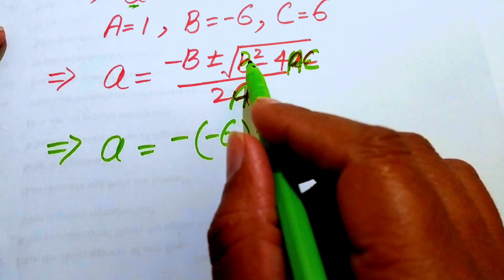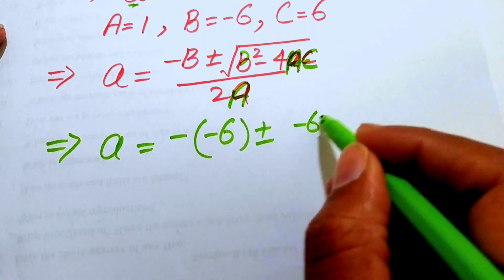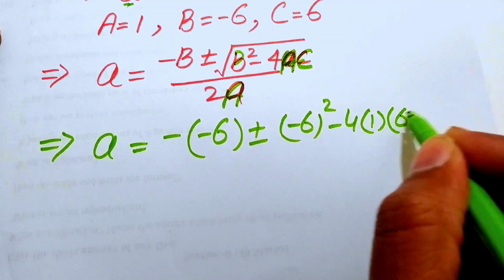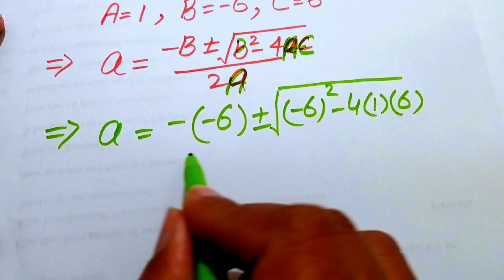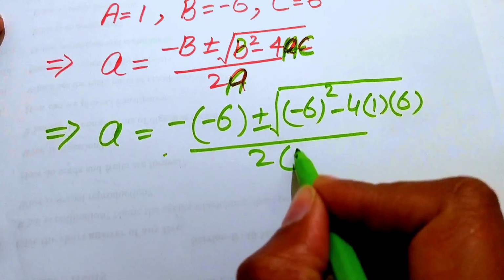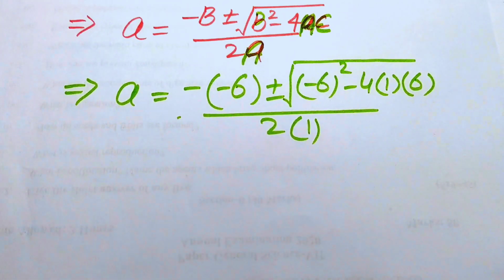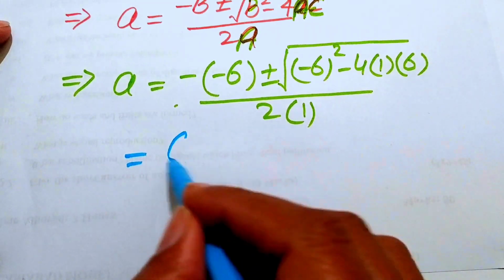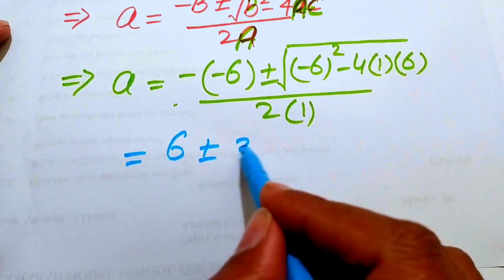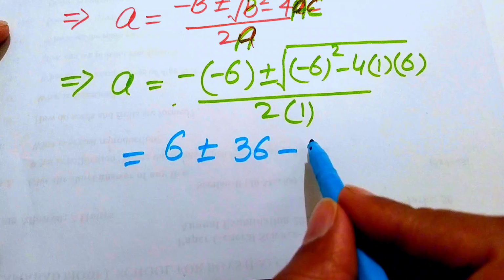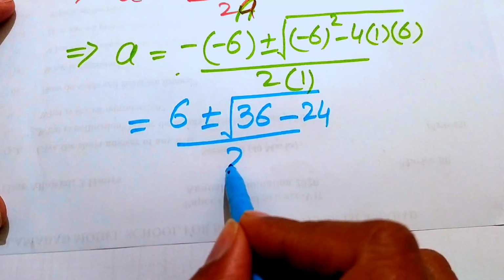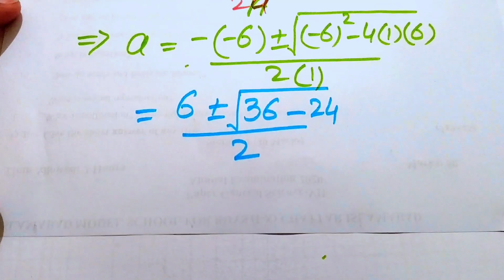The value of capital B is minus 6, and it becomes minus of minus 6 plus minus square root of minus 6 square minus 4 times 1 times 6, divided by 2 times 1. Now we simplify this equation: minus times minus becomes plus 6 plus minus square root of 36 minus 4 times 6, which is 24, divided by 2 times 1, which is 2.